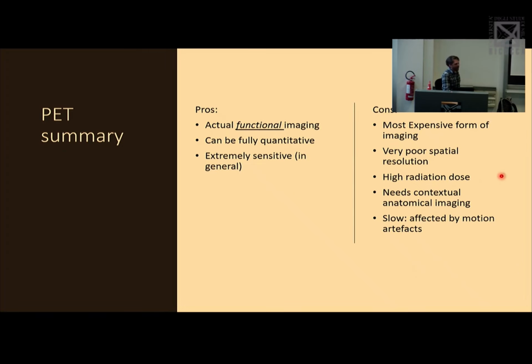Now, the bad sides: it's the most expensive form of imaging. The standardized reimbursement in Italy for one PET scan with a so-called simple tracer is 1,500 euros, compared to 300 euros for a CT scan or 500 for a complex MR scan with contrast media.